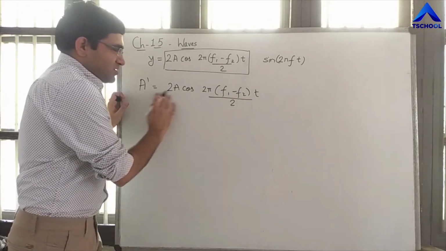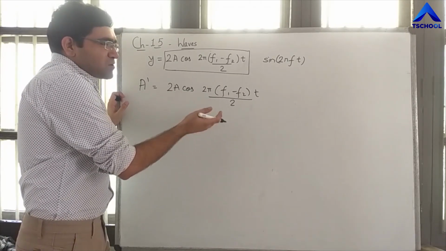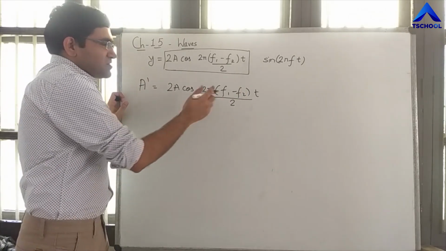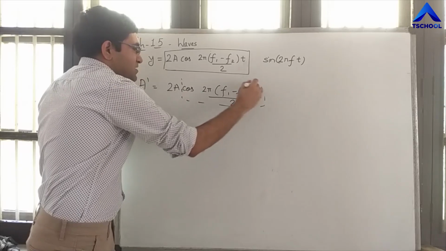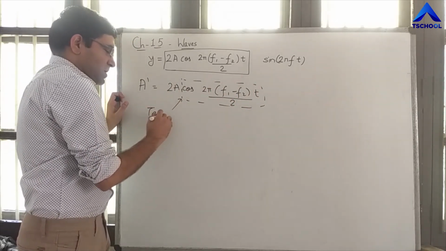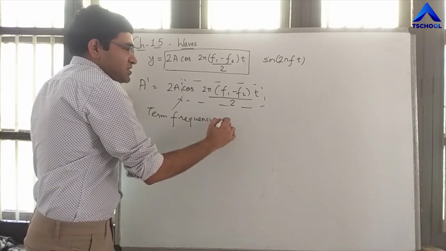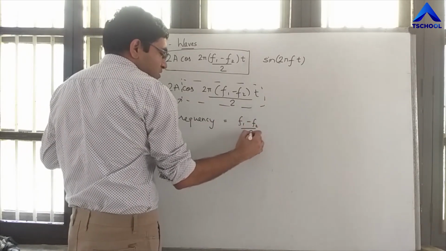Now, like I said earlier, this amplitude is going to vary with cos. So I'm sure you realize that if I highlight this term, the frequency of this term is equal to (f1 minus f2) by 2.